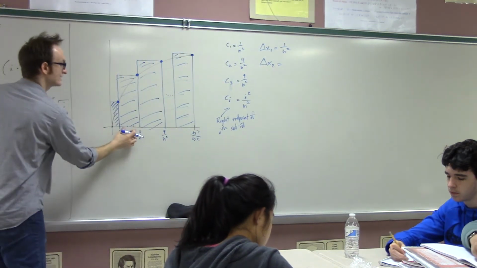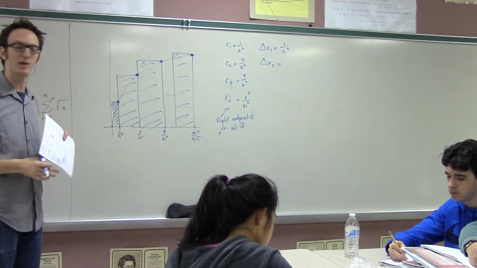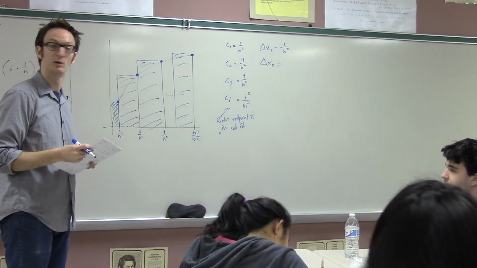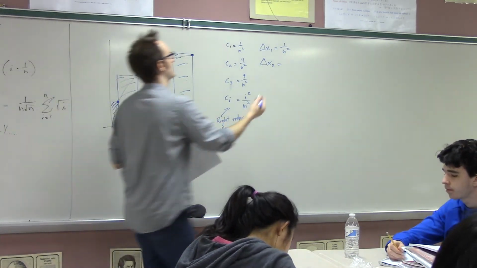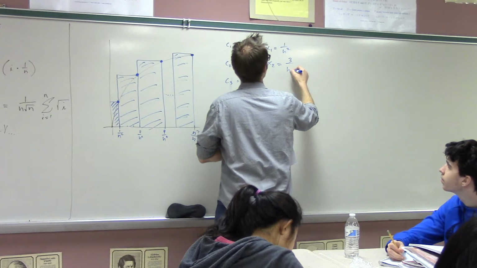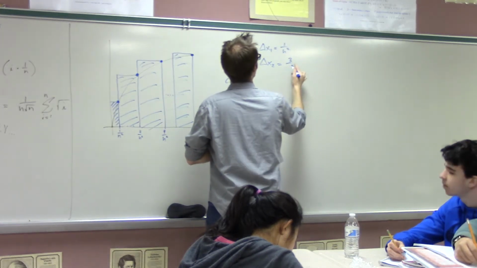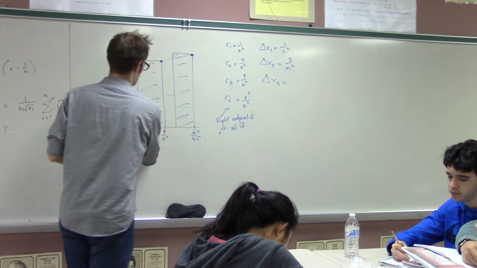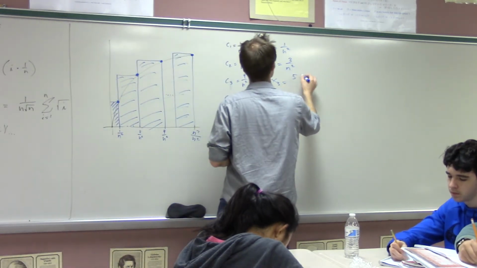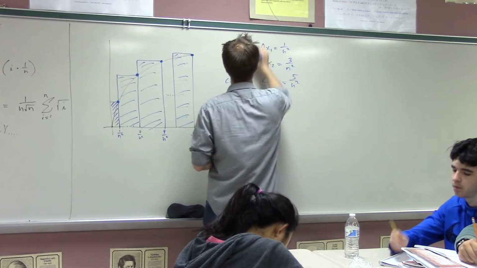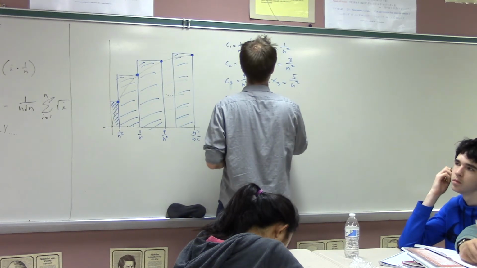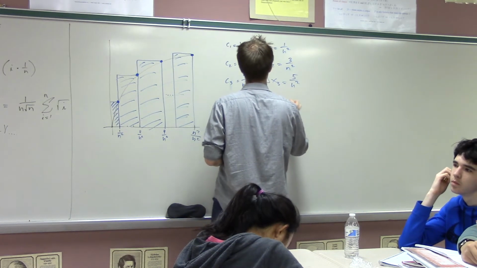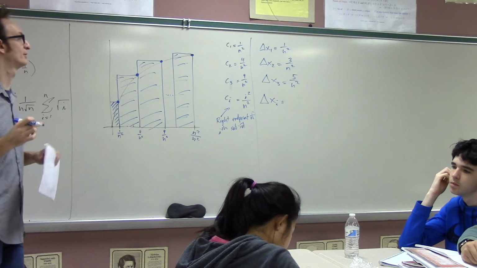What's delta x sub 2? That's the width of the second rectangle. Everyone look at the picture. It's just 3 over n squared. What's the width of the third one? 5 over n squared. And now, would you like to conjecture a formula for the width of the ith subinterval?